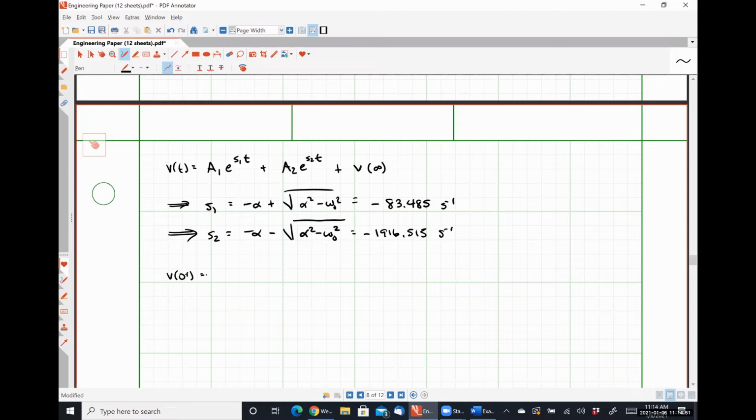All right, so V at t is equal to 0 plus looks like A1 plus A2 plus V at infinity.